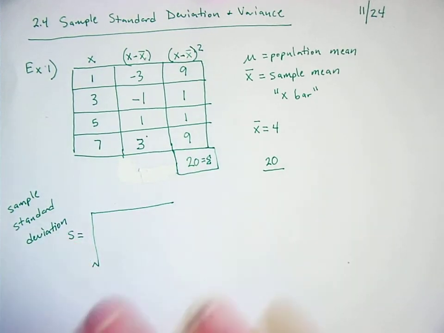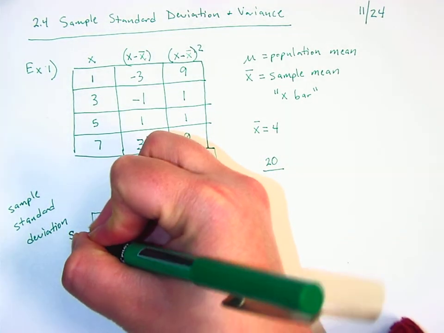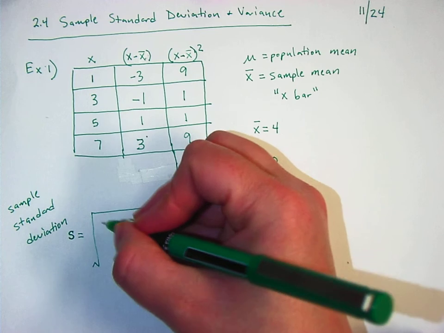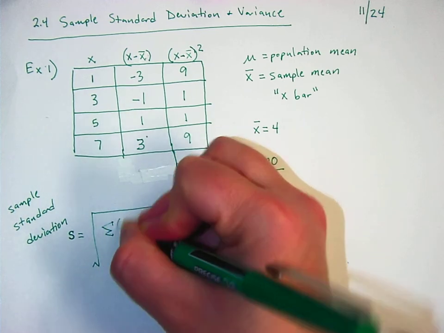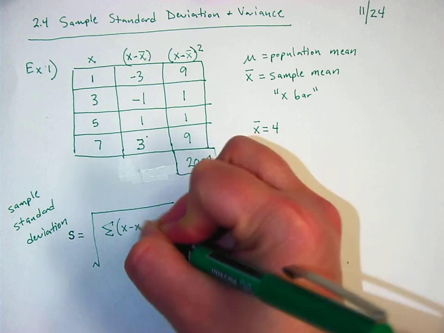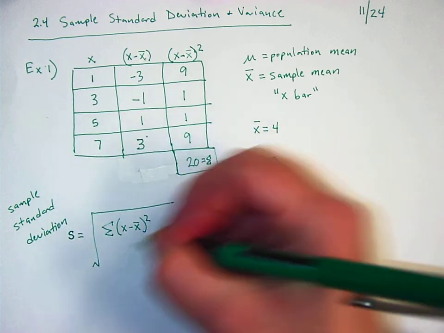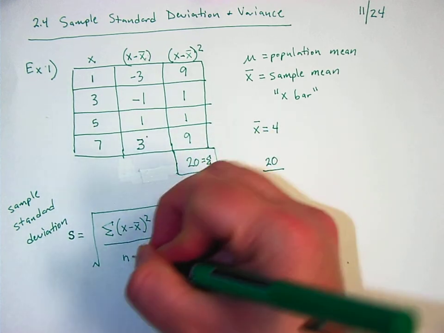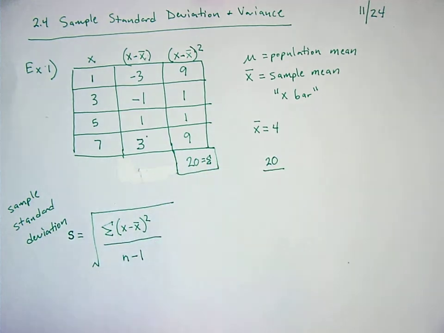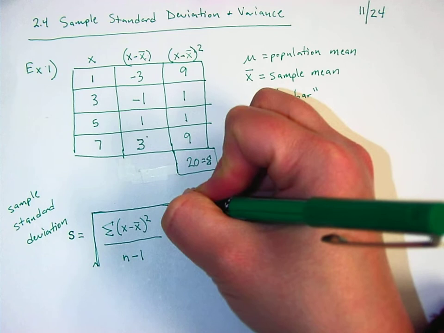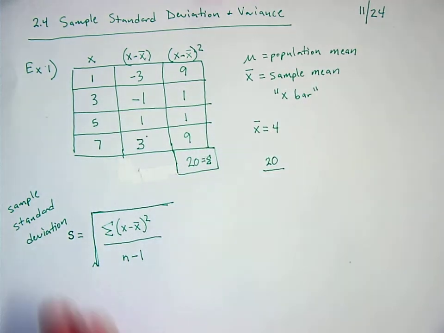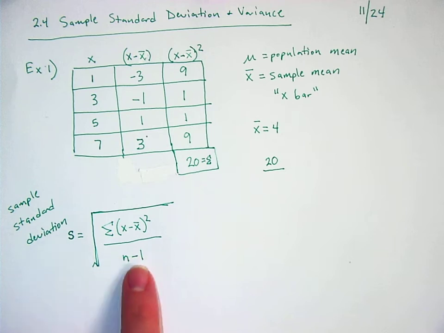And again, the only difference is that it's a sample, not a population. The equation for this is taking the summation of all of the deviations squared, and then you're going to divide by n minus 1 instead of n, and then take the square root of it at the end. So really, the only difference between finding a population standard deviation and a sample standard deviation is just that n minus 1. You're dividing by 1 less.